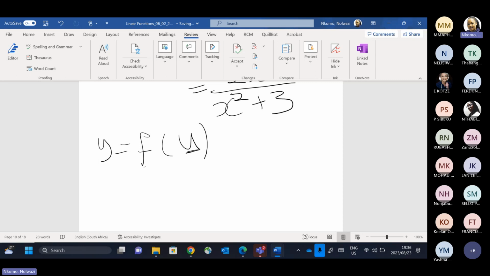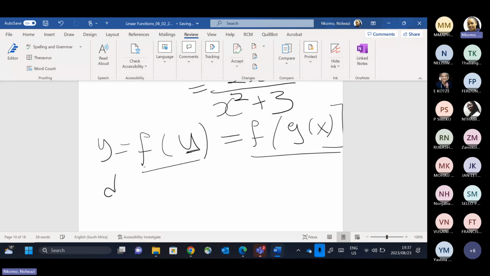If you are given a composite function like this, say y is f of u and u is g of x, this means your dy over dx would be dy over du times du over dx.